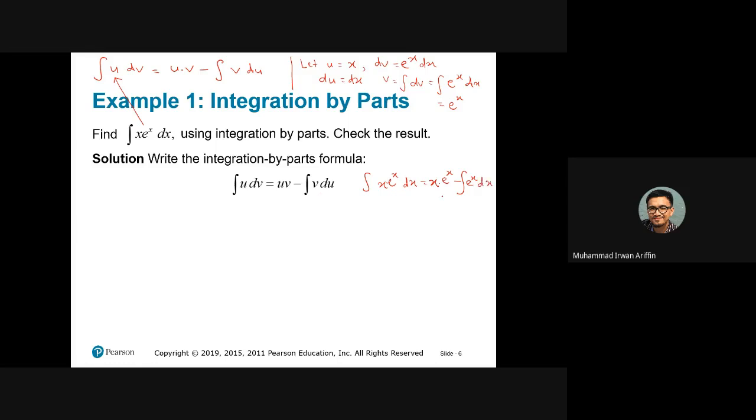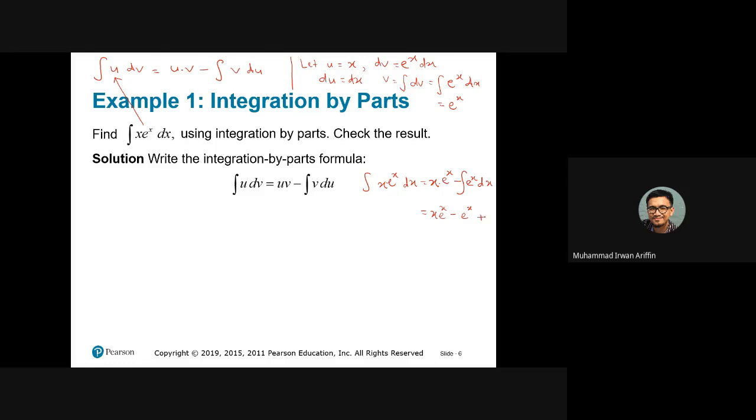Okay, so to do this, we can integrate this by parts. It's called integration by parts because we have separated the original problem into two parts. So I'm going to have the first term here as it is, and now we can integrate this, right? It will be very simple. The integration of e to the power of x would give us e to the power of x itself.